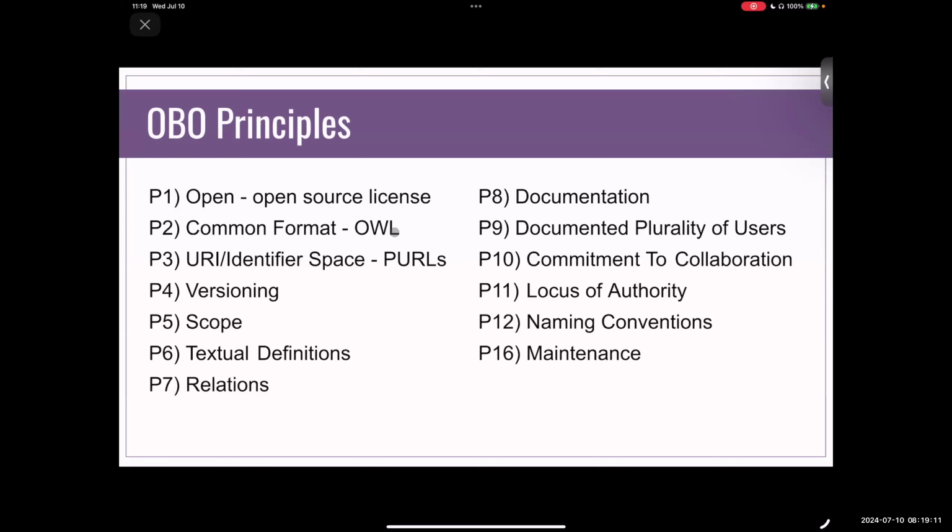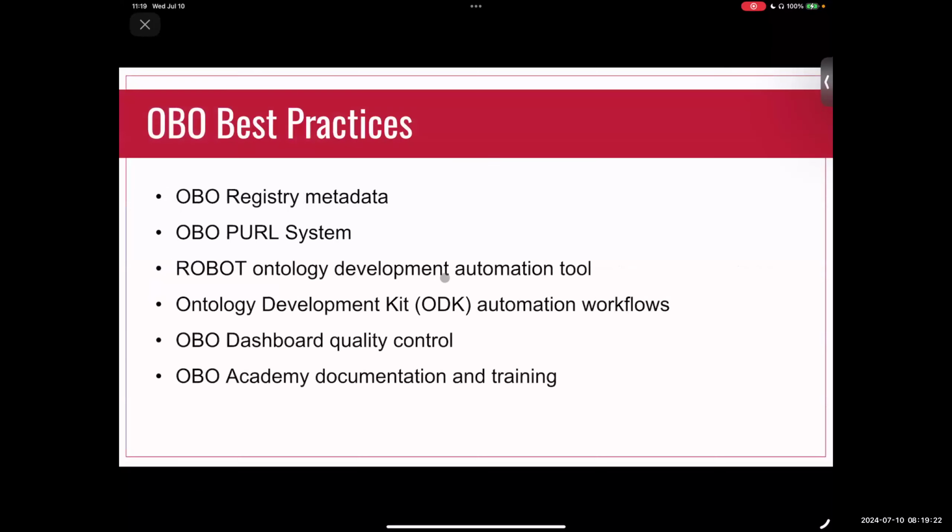If you start using some of these tools like OWL and RDF, those tools don't give you enough to get the FAIR stuff that you want and the interoperability that you want. And so these principles are added extras. And our best practices include a registry of all our projects and all their metadata to keep that stuff up to date, our identifier system I mentioned, our automation tools for continuous integration and just automation of ontology development processes.